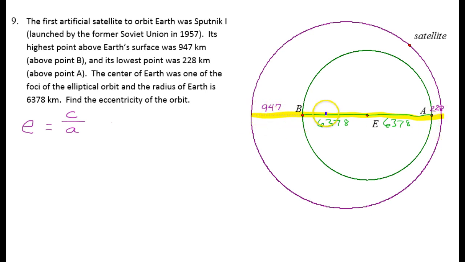So if I add up all of these numbers, that's going to tell me the length of the major axis. So let me do that off camera. Okay, so I added up all of these numbers, and the total was 13,931. So that is the length of the major axis.